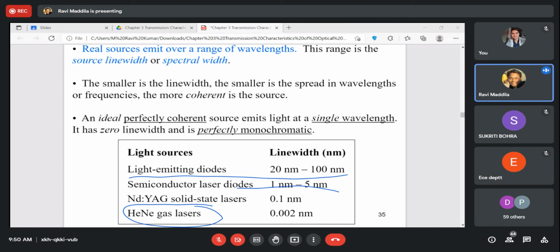And when you go to a counter to purchase that, they scan it, and from the scanner you see that usually there's a red light which is coming out, right? Yes, sir. So that red light comes from a helium neon laser.